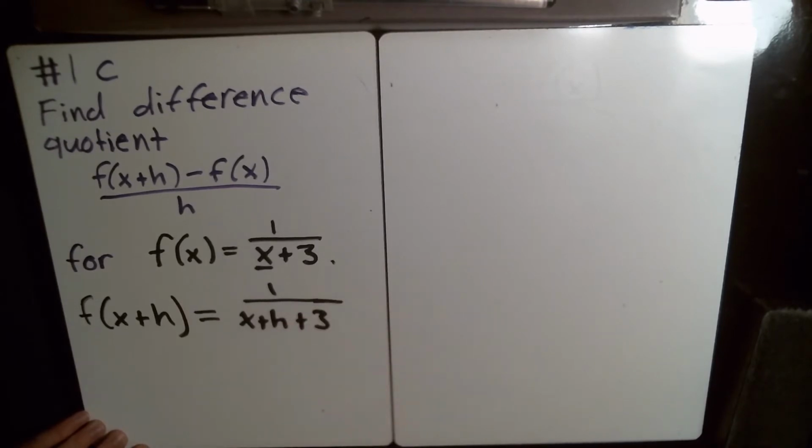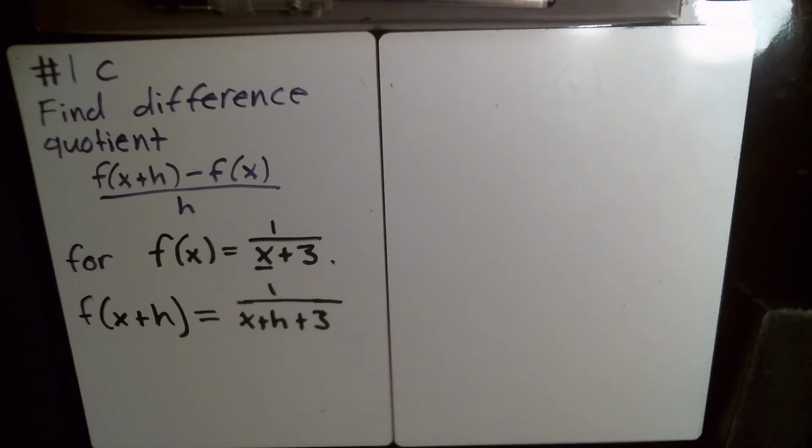Okay, so that's my new equation. If you want, you could put parentheses around x plus h, but it doesn't really matter with a sum. So that's f of x plus h.